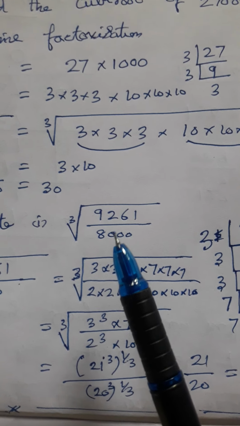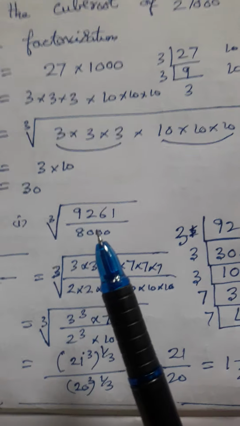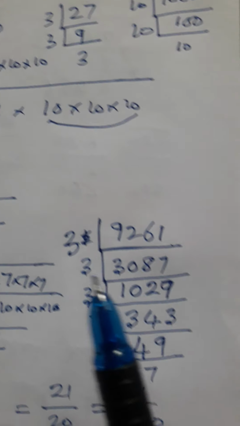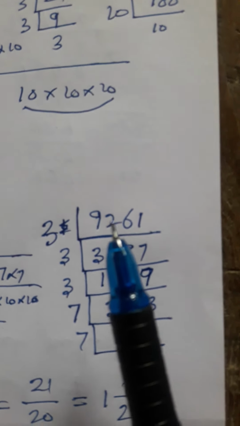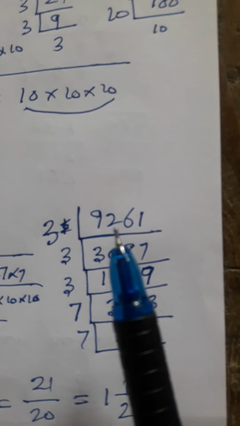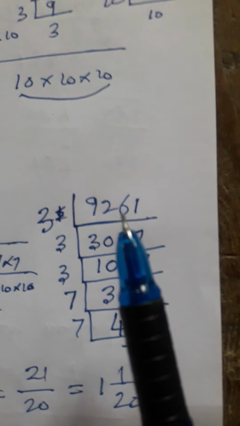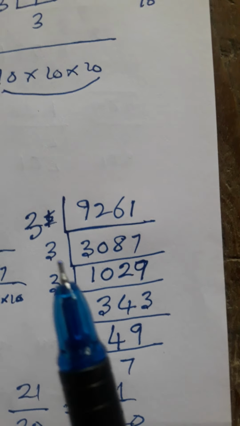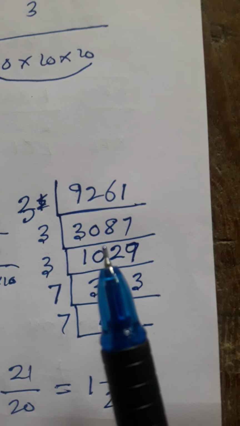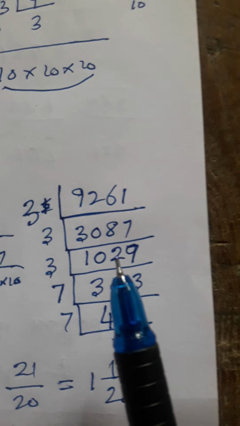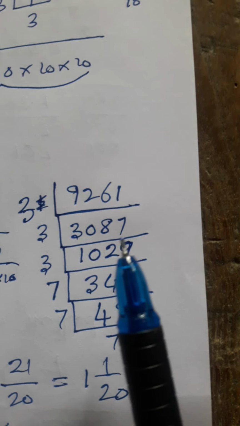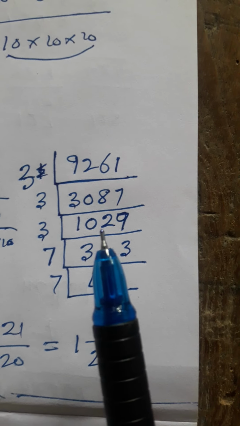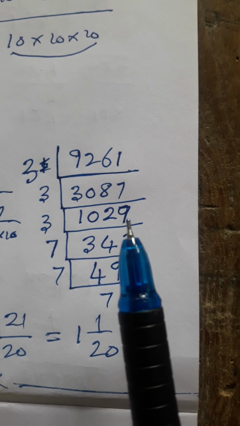Now we take these two numbers and split them by prime factorization method. 9,261 divided by 3 gives 3,087, again divide by 3 gives 1,029, again divide by 3 gives 343.